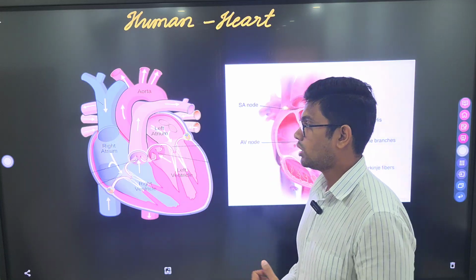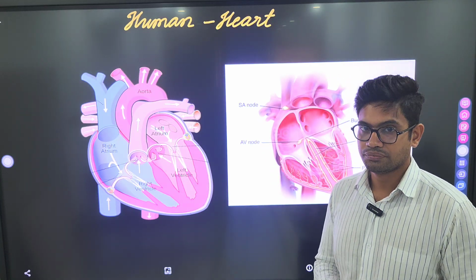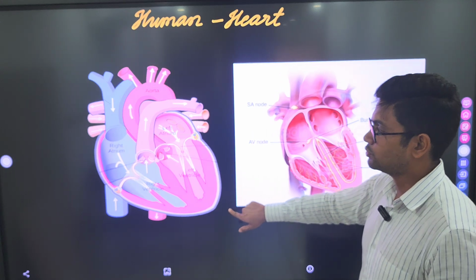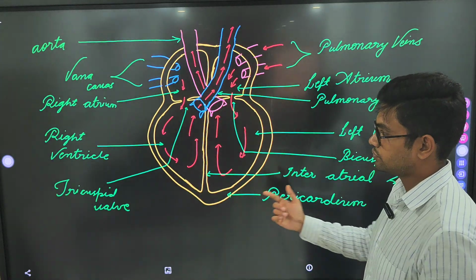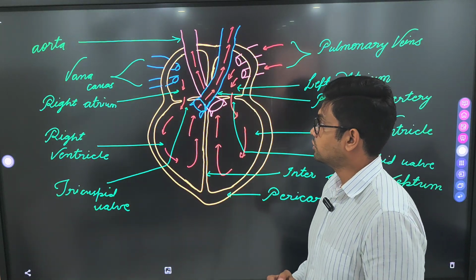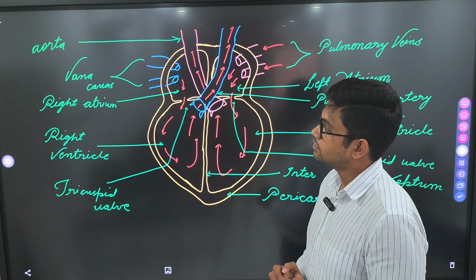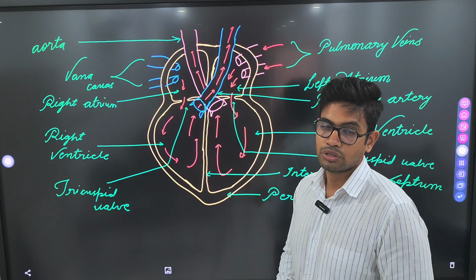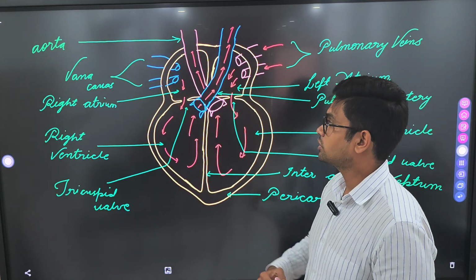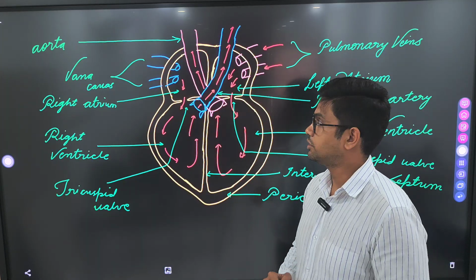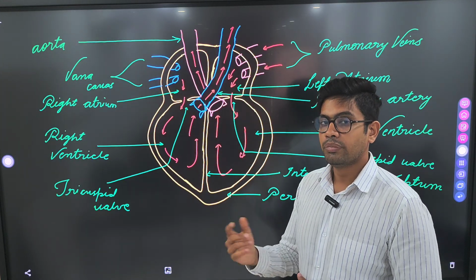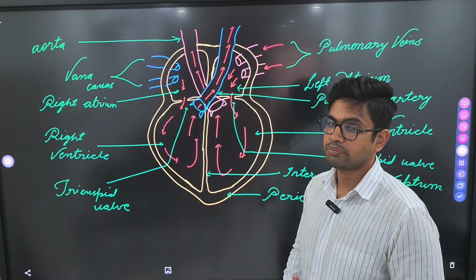Now let's talk about the blood circulation. To understand the blood circulation, again we have to go to this simplified structure. The deoxygenated blood, the blood which has carbon dioxide, is brought to the right atrium of the heart by the superior vena cava and inferior vena cava from the upper as well as lower part of the body respectively.